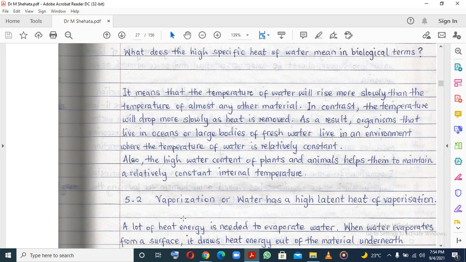It's water. So because water's temperature doesn't change easily, this is very important because it enables our body temperatures to be maintained. And because our body temperature is maintained within a certain range, this is important because, as we will learn later on, enzymes are destroyed by high temperatures, isn't it?